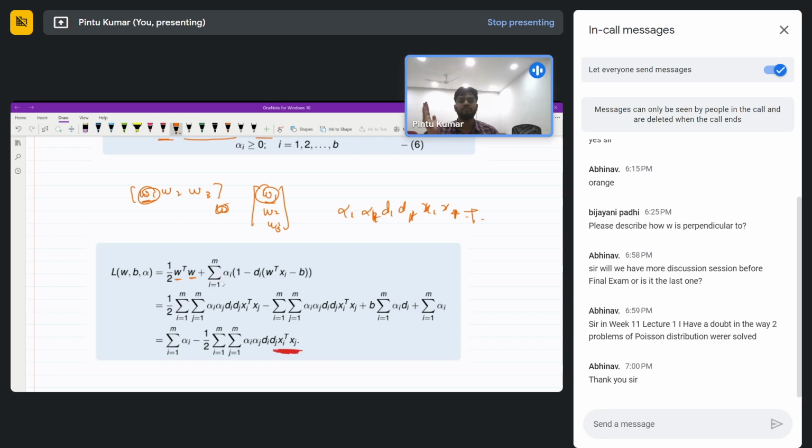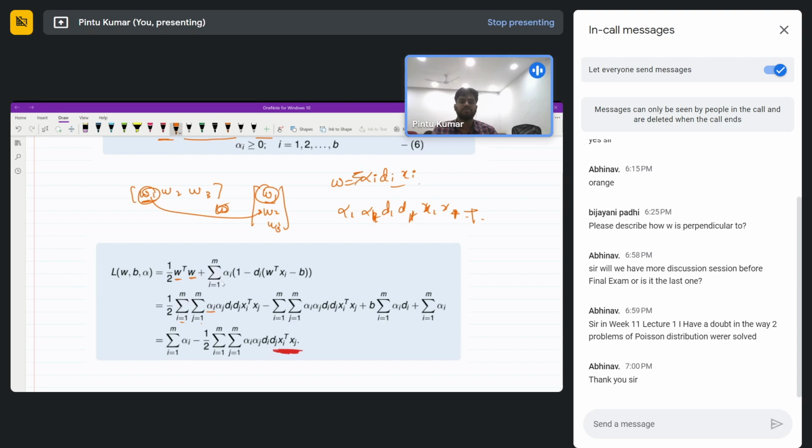Then you take its sum when W1 is multiplied by W2. That's why we have index running in both these variables, that is I and j. So we had W is equal to alpha I di, and then we had xi, right?